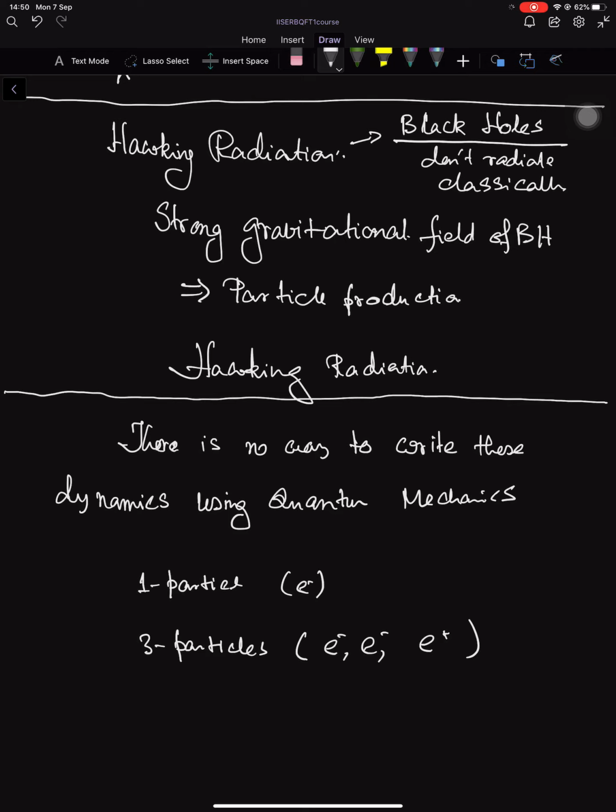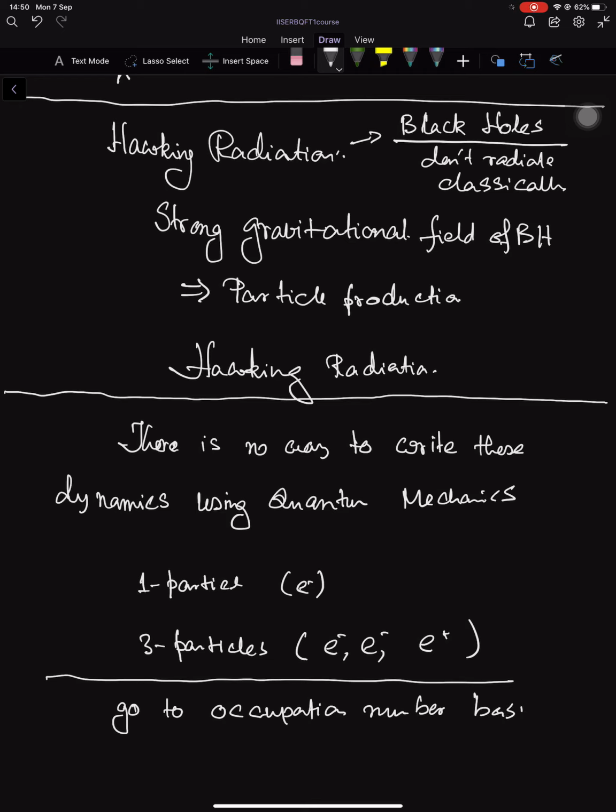The only way you can make sense of this is to go to the occupation number basis. In that basis there is a very natural way to increase and decrease the number of particles, and that's why the occupation number basis, or the basis of quantum fields, is a natural language.